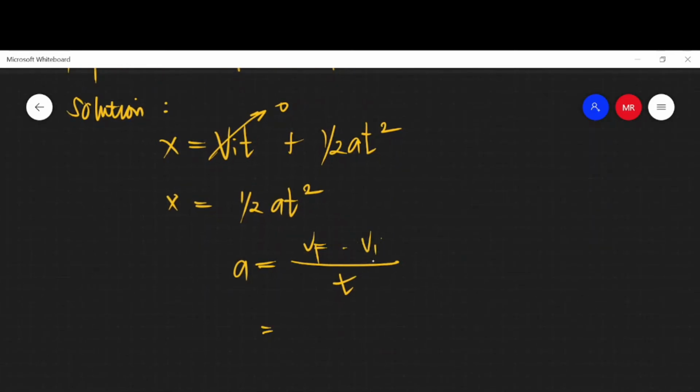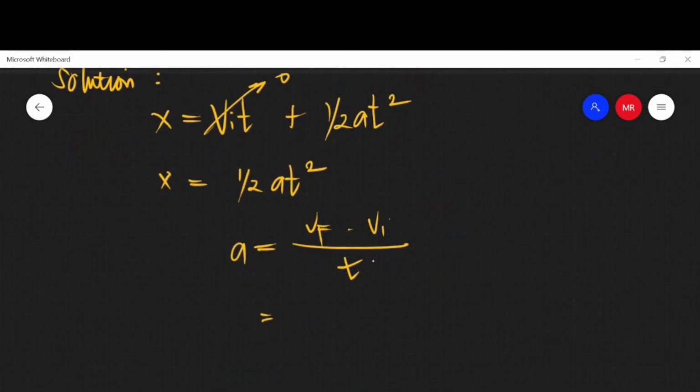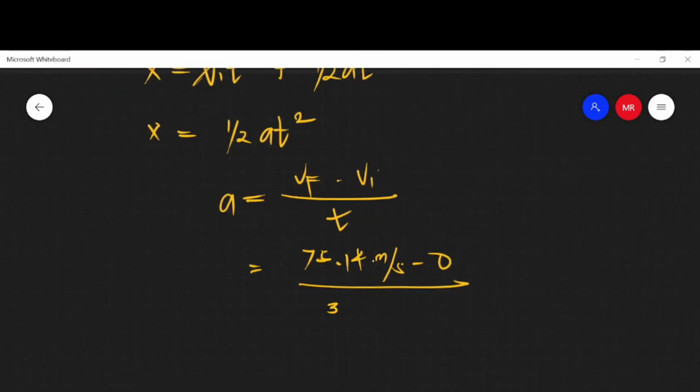So the final velocity according to the problem is 75.14 meters per second, and the initial velocity is 0, all over the time, which is equal to 30 times 10 raised to negative 3 seconds.